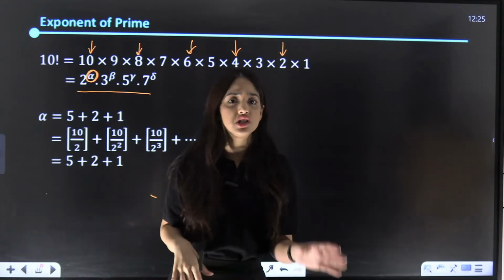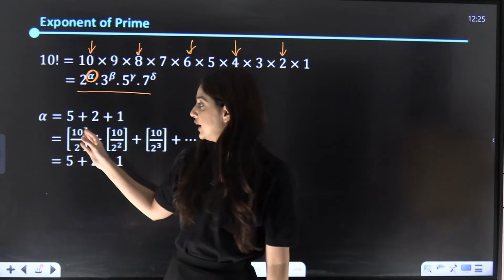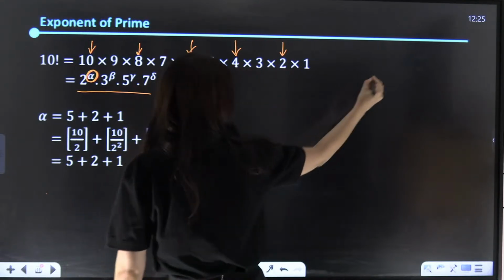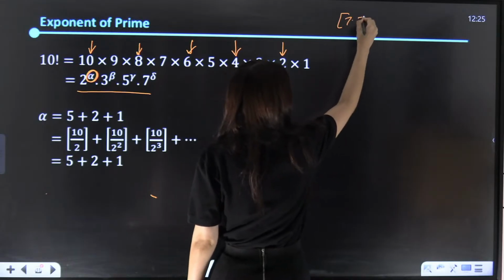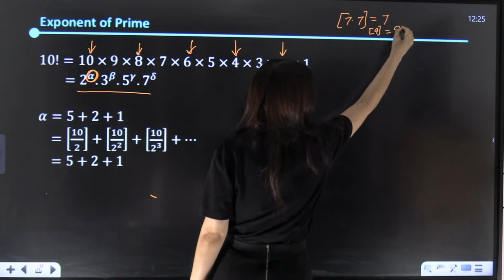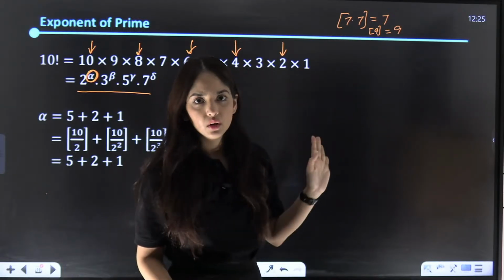For example, if we have greatest integer 7.7, that is 7. Greatest integer 9, that is 9. Either equal to or just less than that quantity.